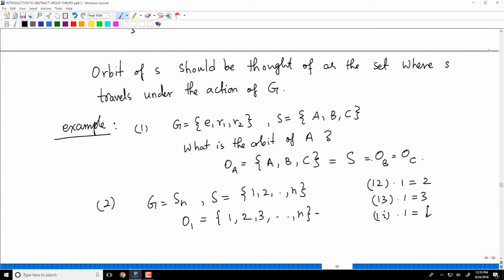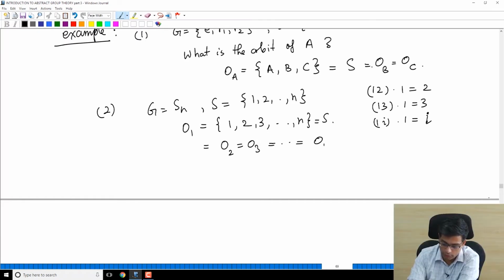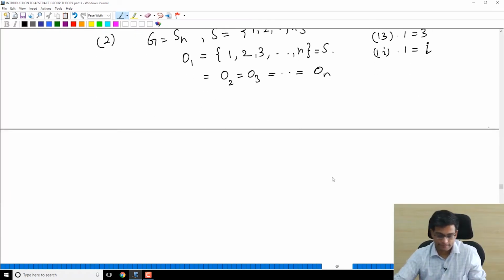So in this case also the orbit of 1 is all of S, and as you can see this is the orbit of 2, orbit of 3, orbit of n. So they are all S.